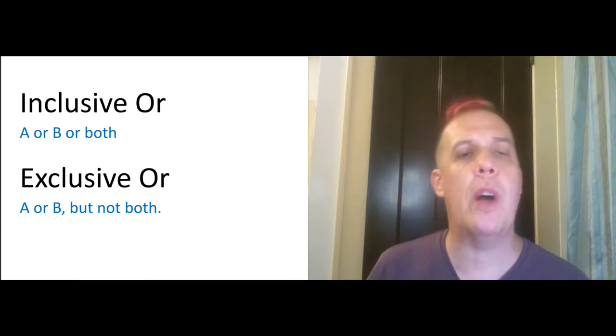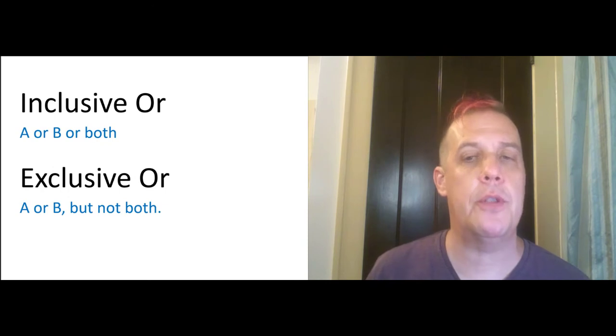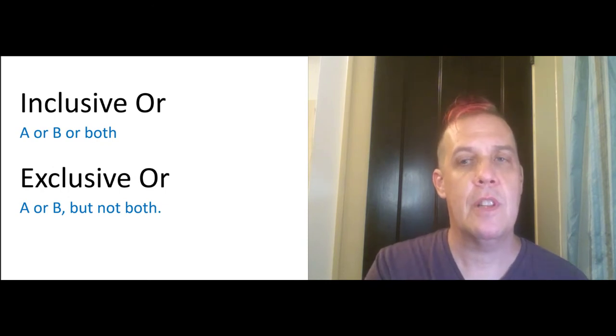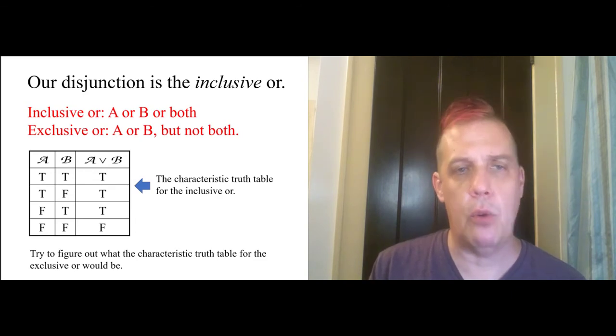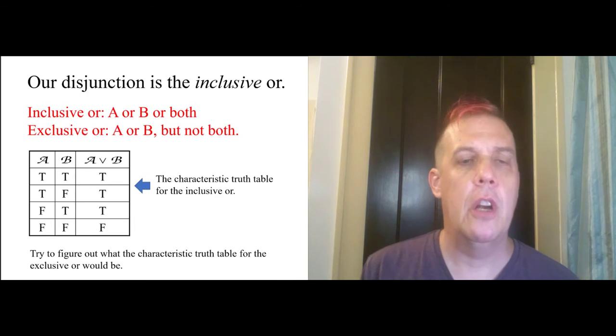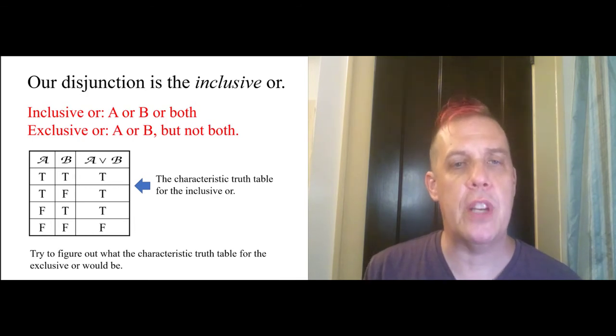And it's an open question because the English is ambiguous. The disjunction in logic is not ambiguous because we don't like ambiguity in logic. We're going to be using the inclusive or. It's going to mean this or that or both. And that will be reflected in the table for this.